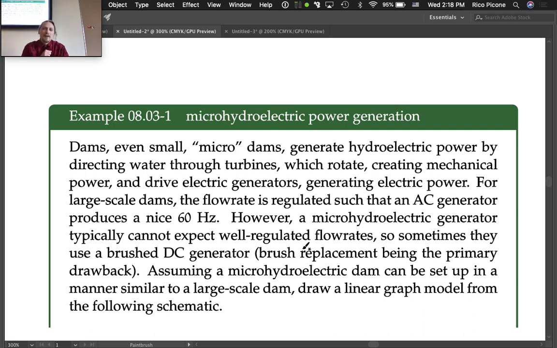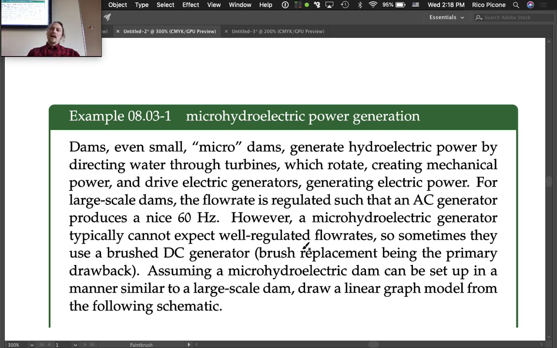So, great. A micro hydroelectric generator typically cannot expect well-regulated flow rates. You don't want to build up so much apparatus that you're going to regulate the flow yourself. So you've got to expect that you're just going to get a bunch of different speeds coming through.